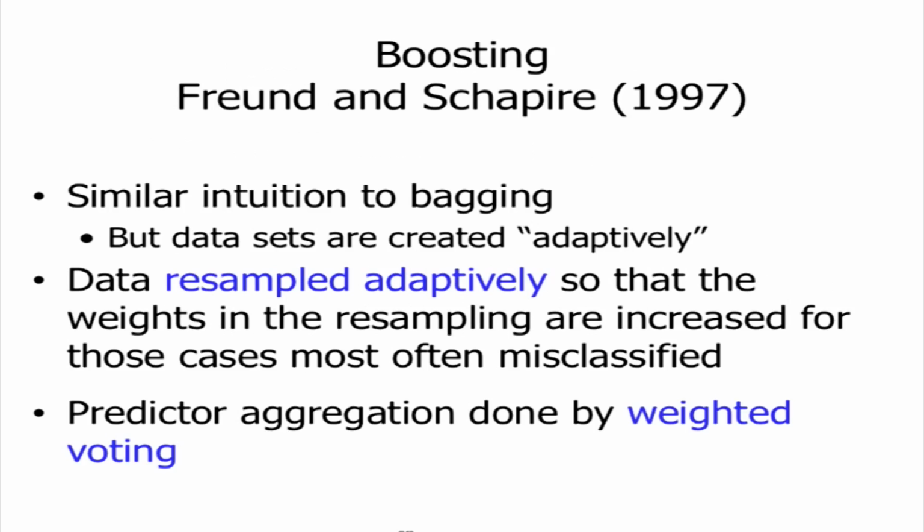Another technique that I just want to mention in one slide is boosting. That is another very famous algorithm for arriving at an ensemble predictor or aggregated predictor, which has a similar intuition to bagging, but now you don't use the non-parametric bootstrap for creating data sets.